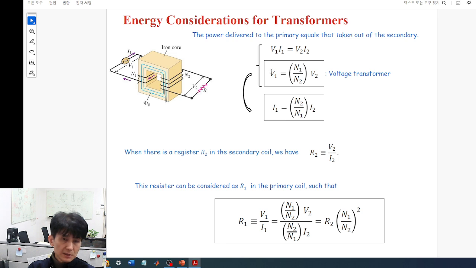and V2 times I2 is the power through this circuit as well. From Faraday's law, we have V1 divided by N1 equal to V2 divided by N2.